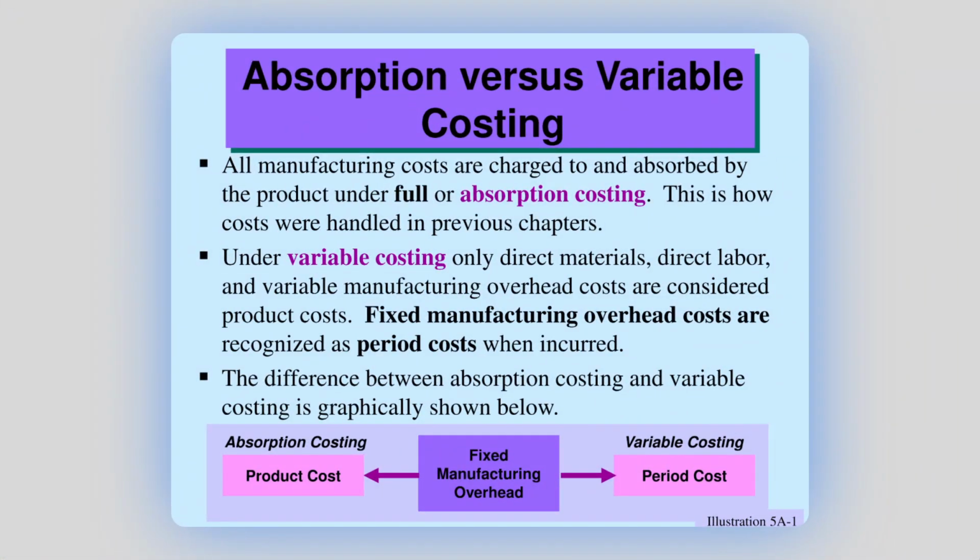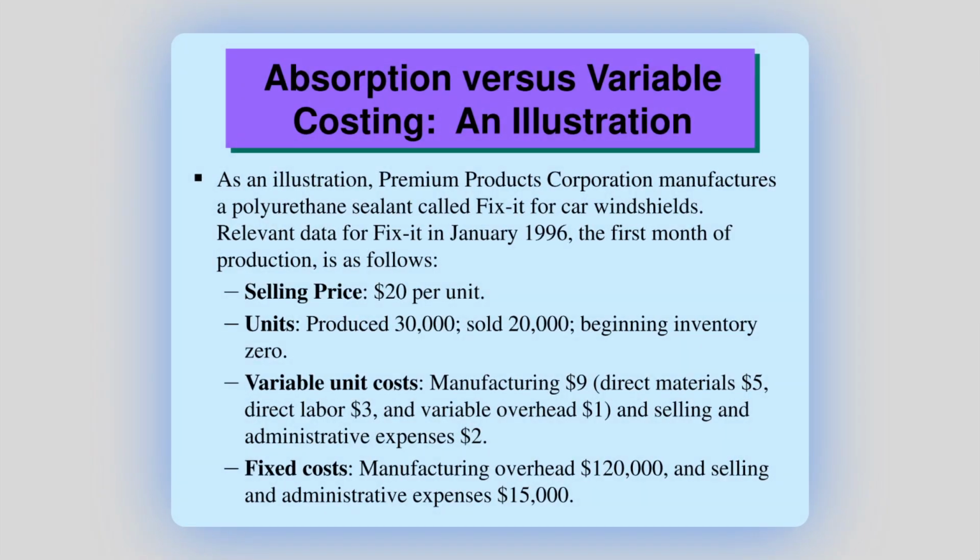So, for example, under absorption and variable costing, as an illustration, Premium Products Corporation manufactures a polystyrene sealant called Fix It for car windshields. You have the relevant data for Fix It in January of 1996, the first month of production.